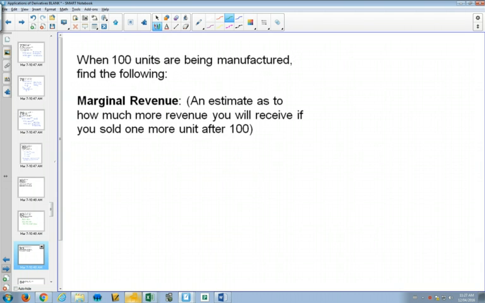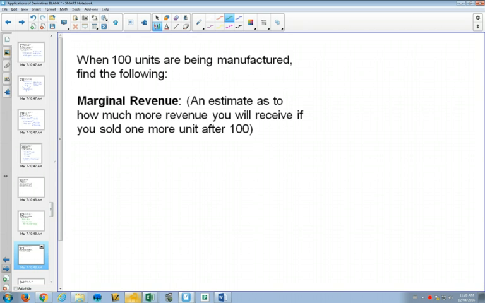Now, if we wanted to find our marginal revenue, which says if we had 100 of these units and they all sold, estimate how much revenue you would make if you sold one more. Now, theoretically, we don't need any calculus for this. We always sell them for $80.